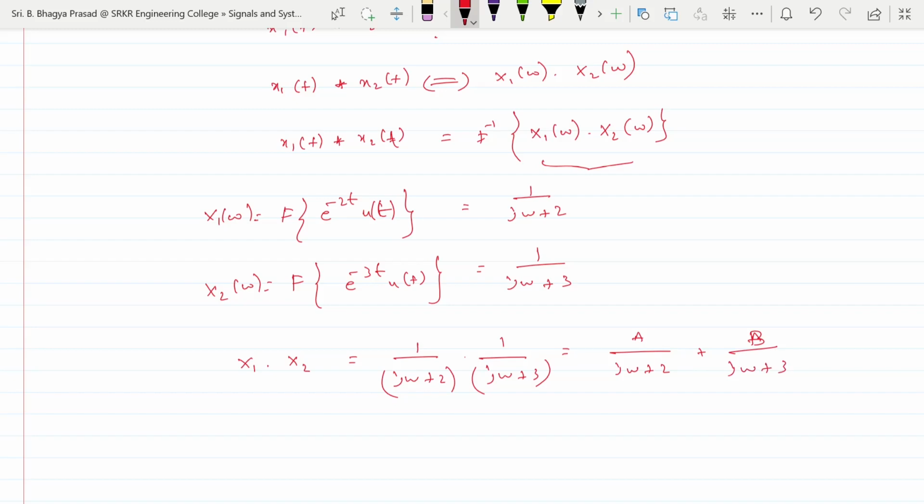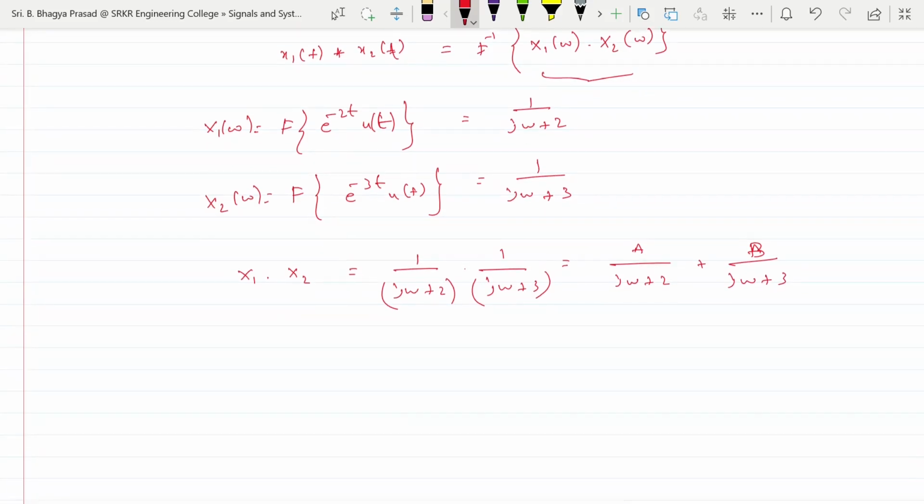So you have to find the values of A and B. For A, use the cover-up method: multiply by j omega plus 2 and substitute j omega equal to minus 2.